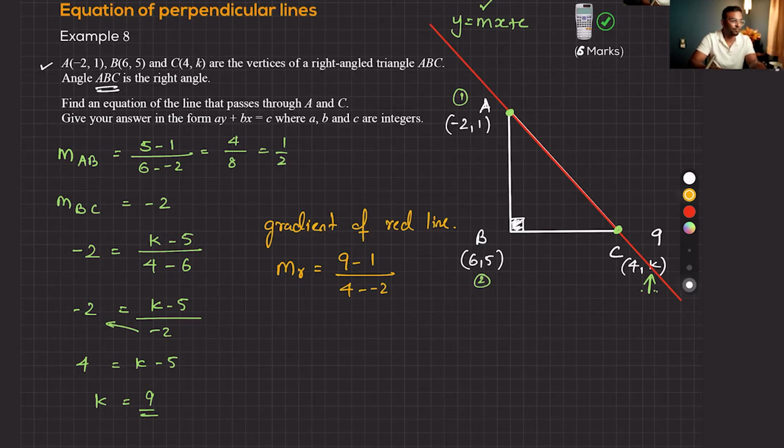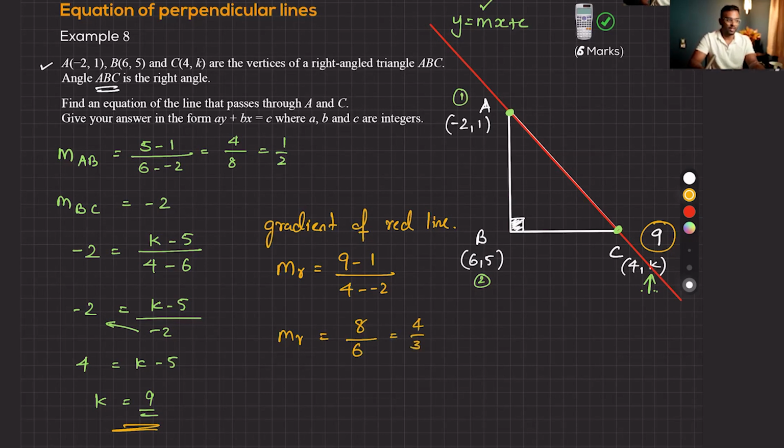Do you see that? Because I've worked out the value of K as 9 right there, and I substituted it. So 9 minus 1 divided by 4 minus 2. MR, which is the gradient of the red line, equals 8 over 6, and that is 4 by 3. Okay, we worked out the gradient.